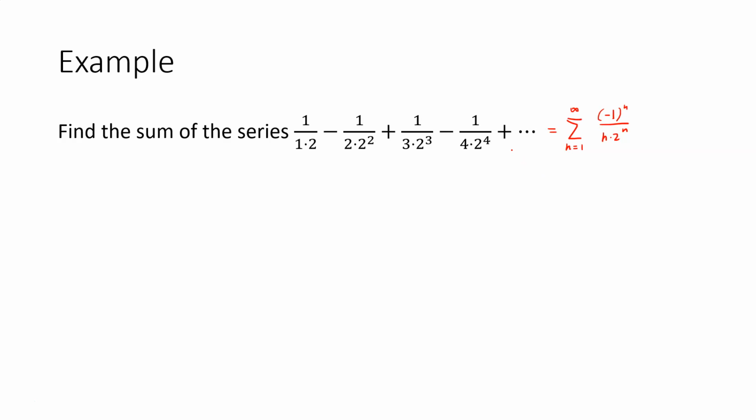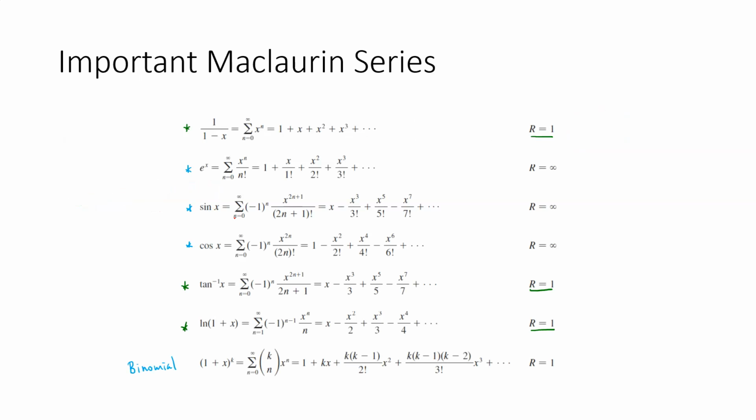Okay, so if we remember here for ln of 1 plus x, it has a series of the form negative 1 to the n, x to the n over n. Again here to remind you, this is where that one came from. And actually, it should start with negative 1 to the n minus 1 because it starts with a positive term.